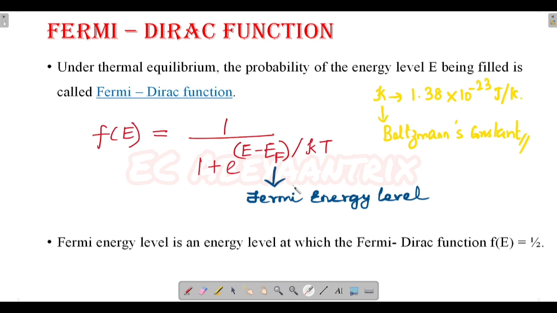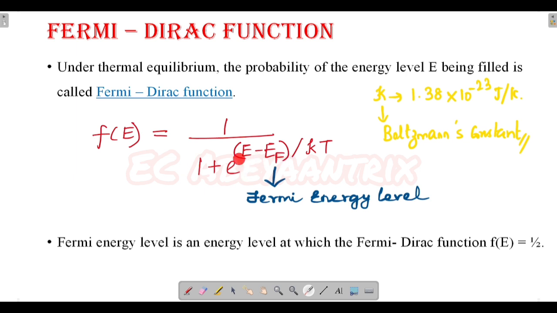Got the point? When f of E is 1 by 2, this exponential term has to be 1, so that the denominator is 1 plus 1, 2. e power 0 is obviously 1, so the power term has to be 0. Then 1 plus 1 will be 2.